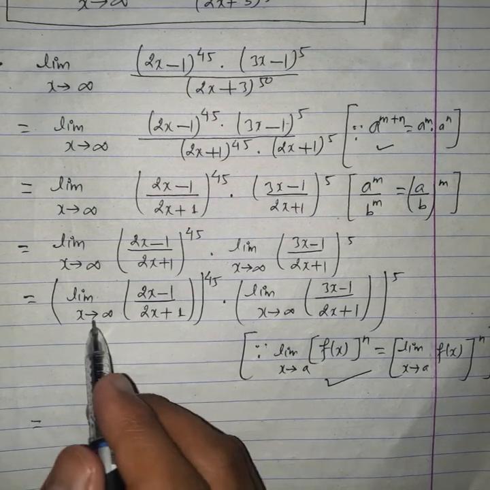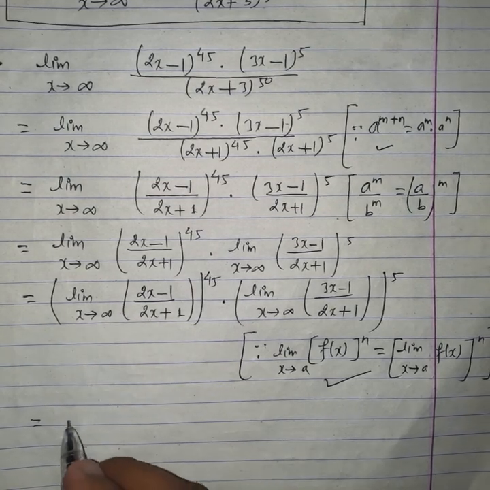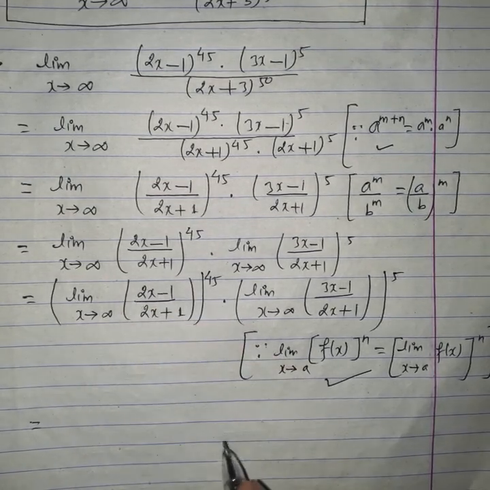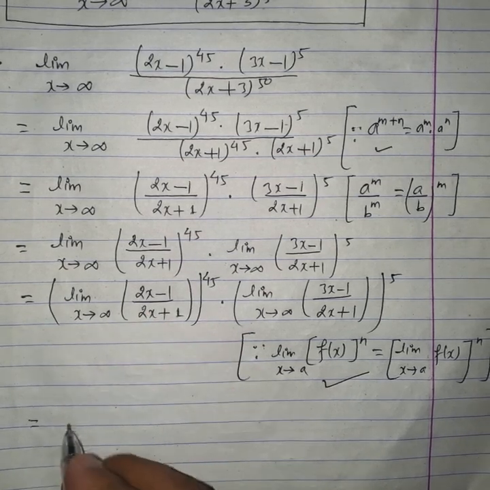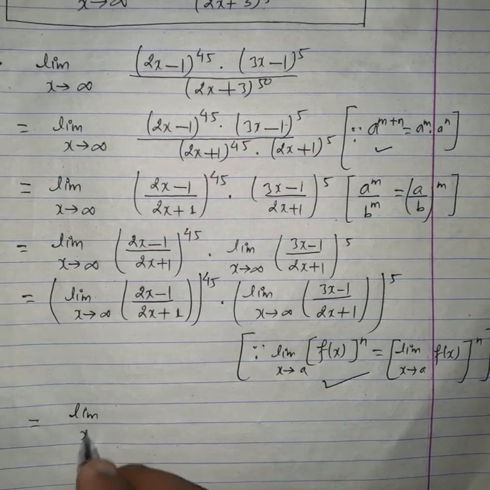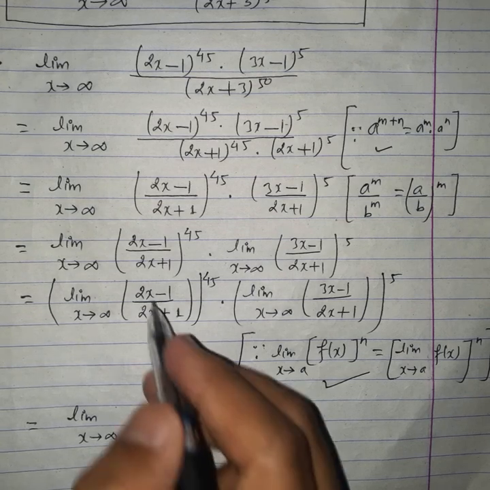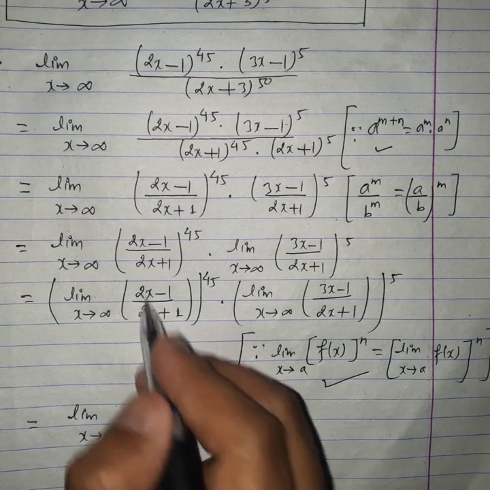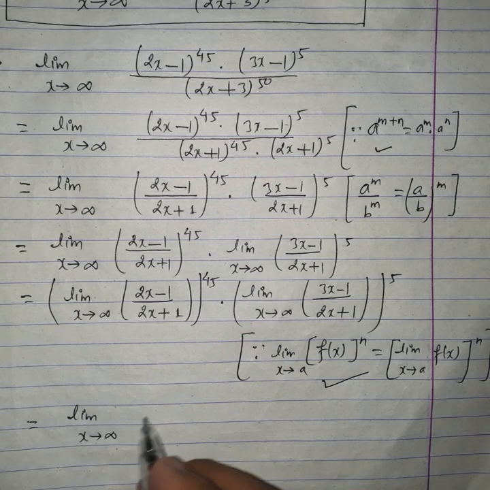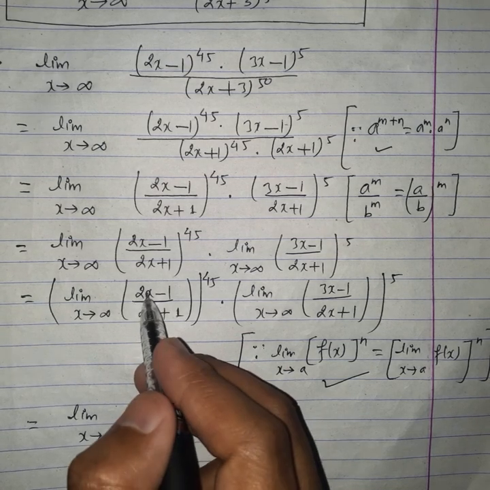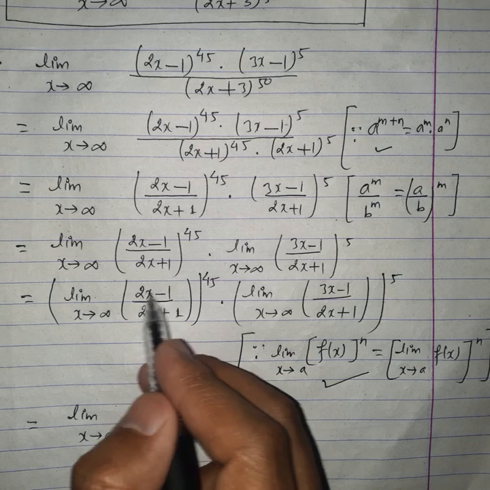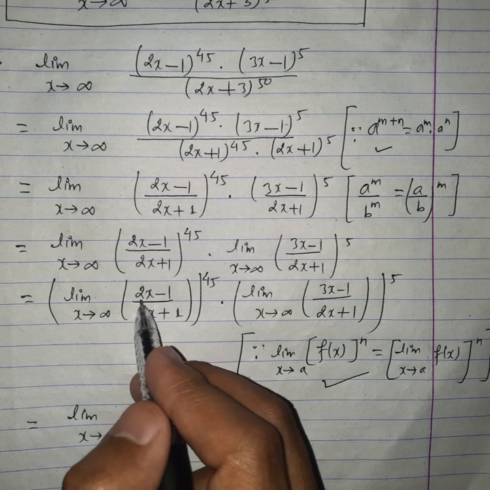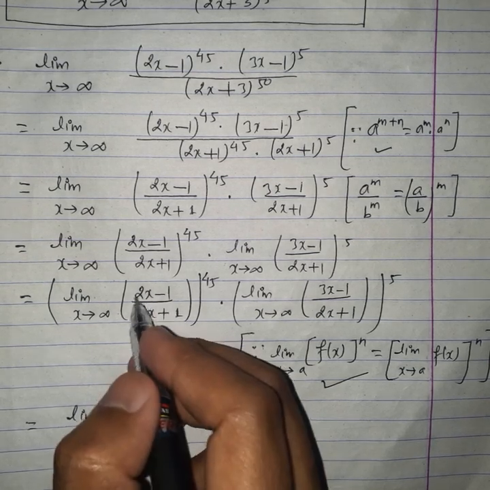Let's do the simplifications inside this parenthesis. Limit as x approaches infinity, let's take x as a common factor in the numerator and the denominator and cancel.